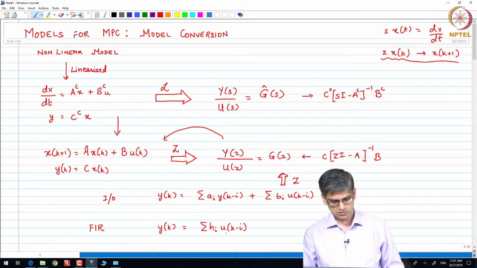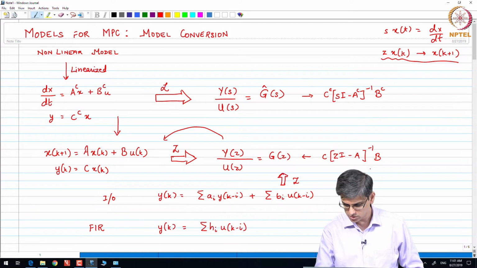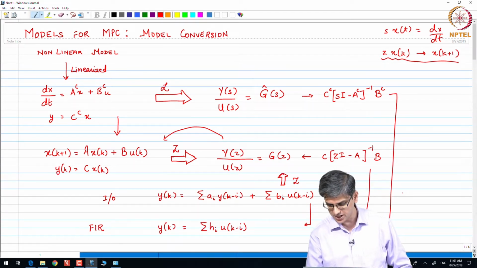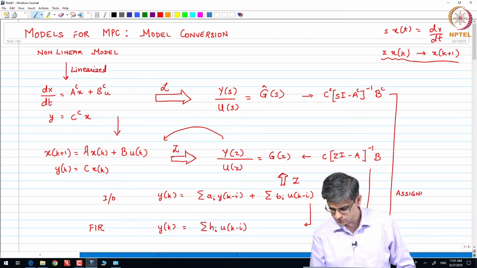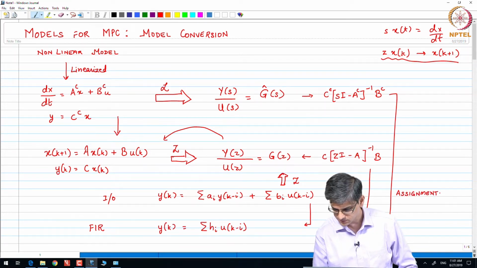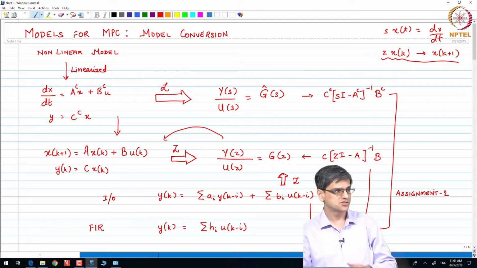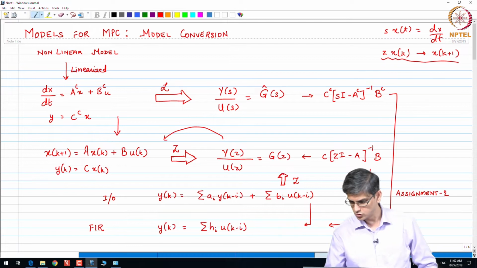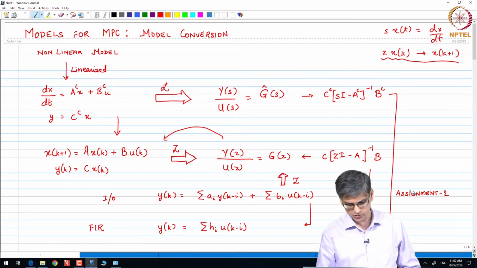We had talked about how to go from Z transform type of models, or from this type of a model, to FIR. We have this in your assignment 2, the assignment that you just submitted, so you have done that. So, that conversion we are not going to talk about.